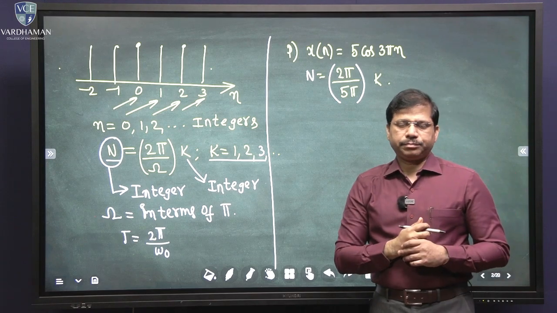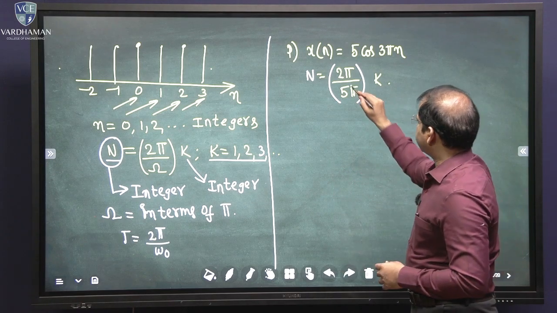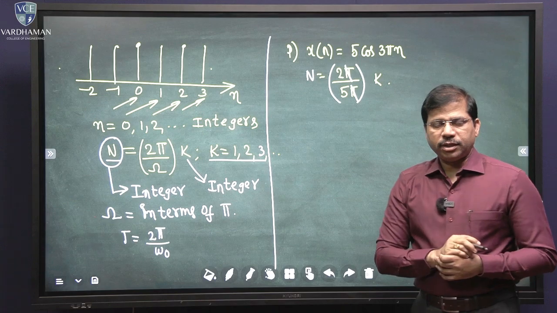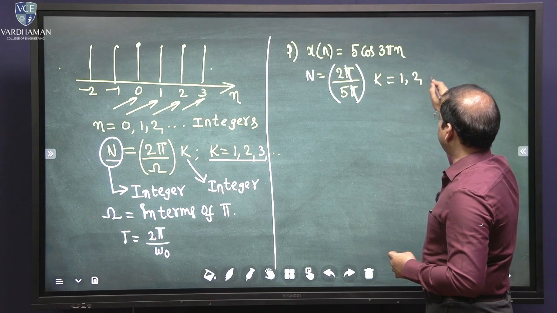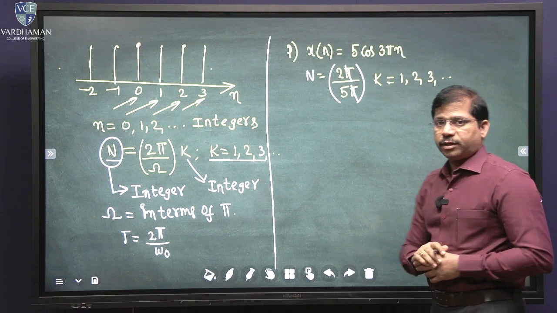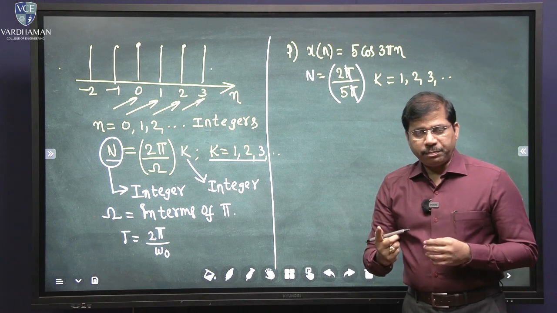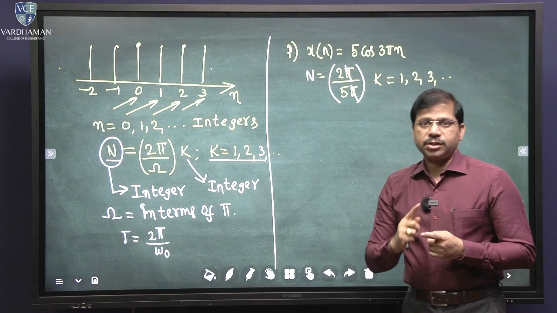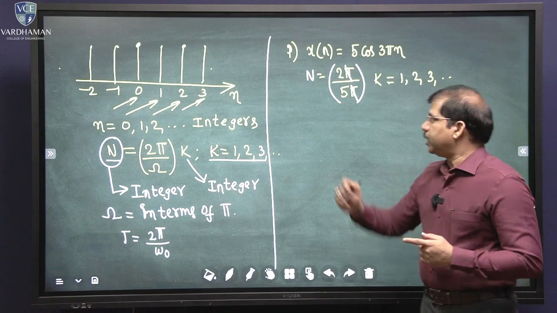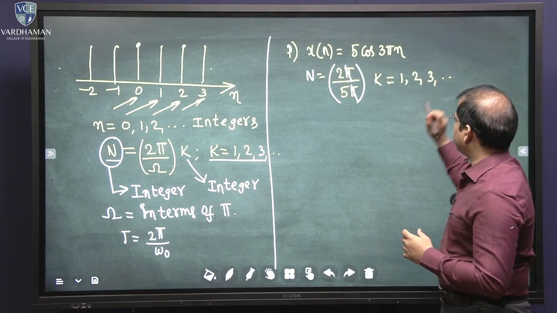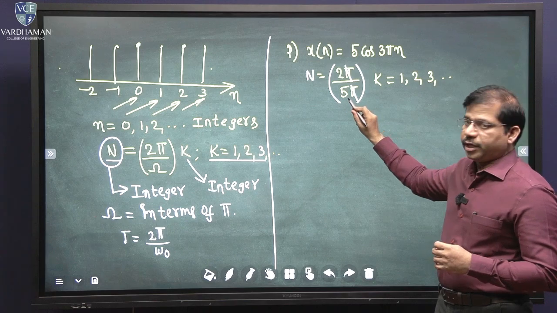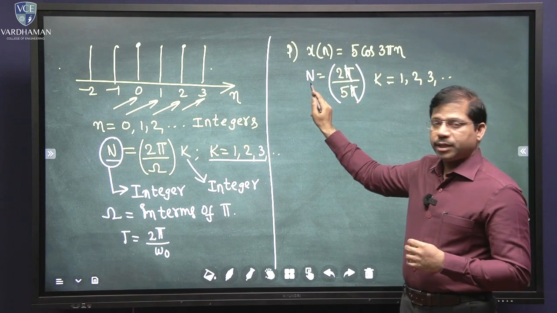Now obviously this pi will be cancelled. Now what are the values of k? k equals 1, 2, 3 and so on, right? So we have to pick the smallest k value so that this capital N becomes an integer.